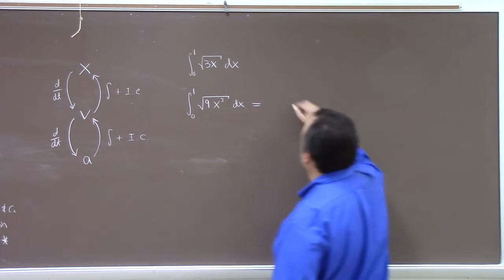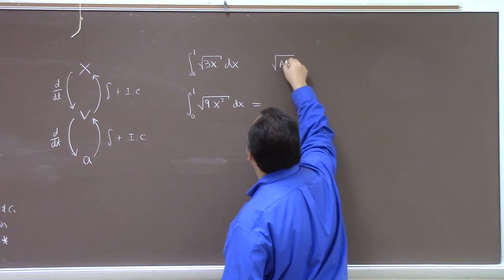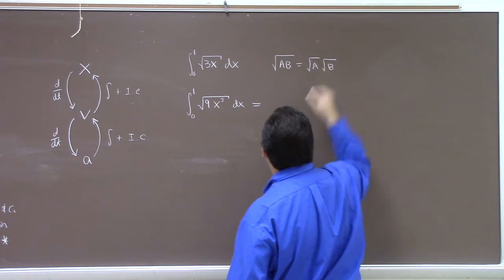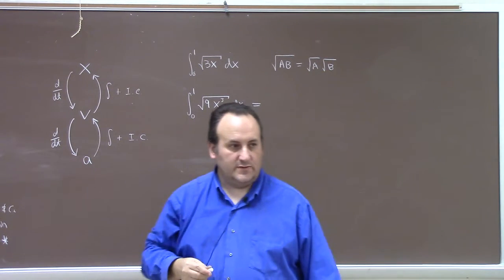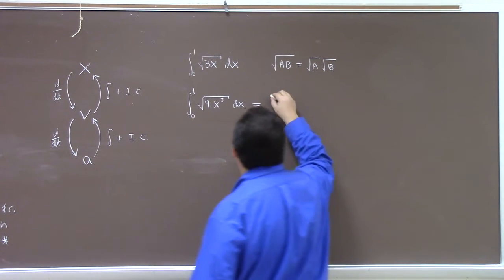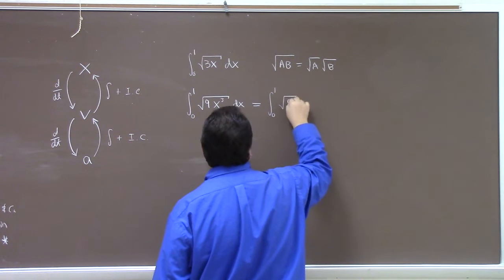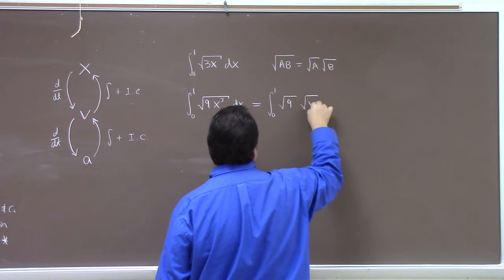So what are the properties of the square root? Square root of AB is square root of A times square root of B, right? So here we have the integral from 0 to 1 of the square root of 9 times the square root of x cubed.